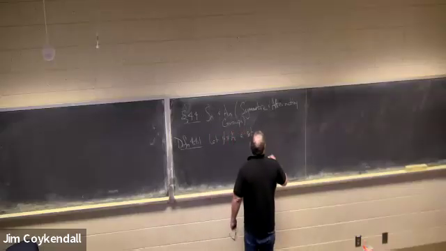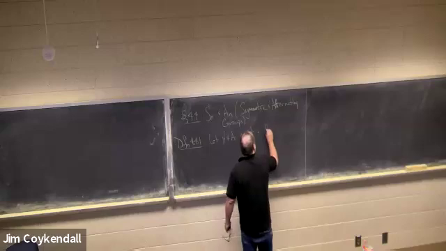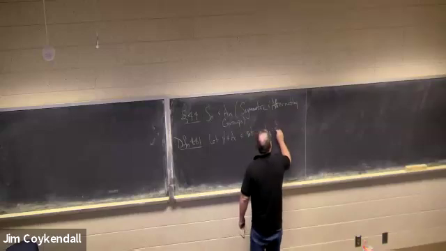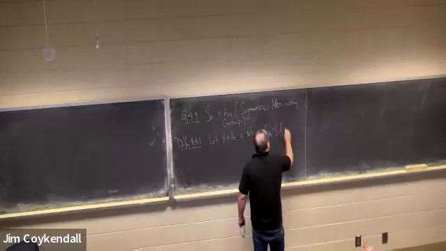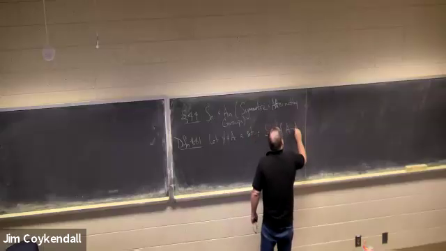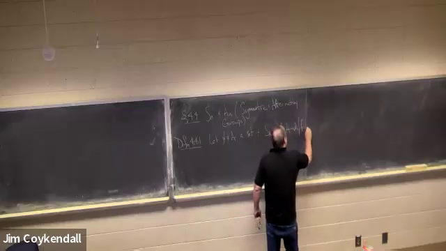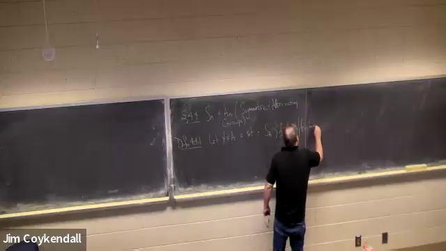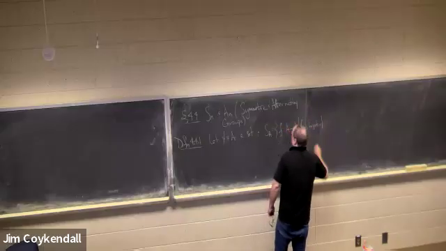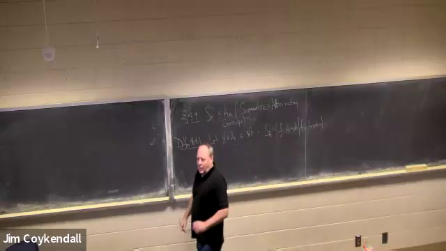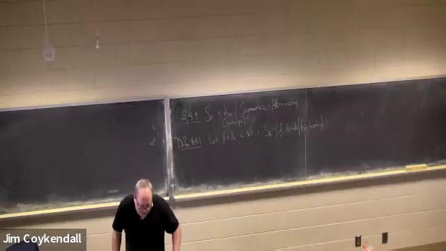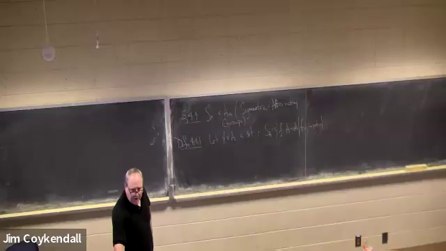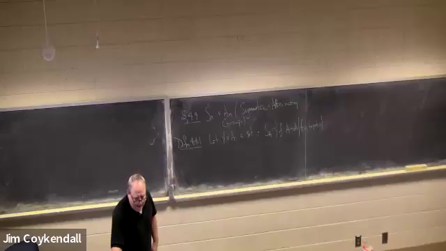S sub A is the set of f from A to A such that f is a bijection. So what I'm calling S sub A is just the set of all functions that go from the set to itself, and the function has to be one-to-one and onto.